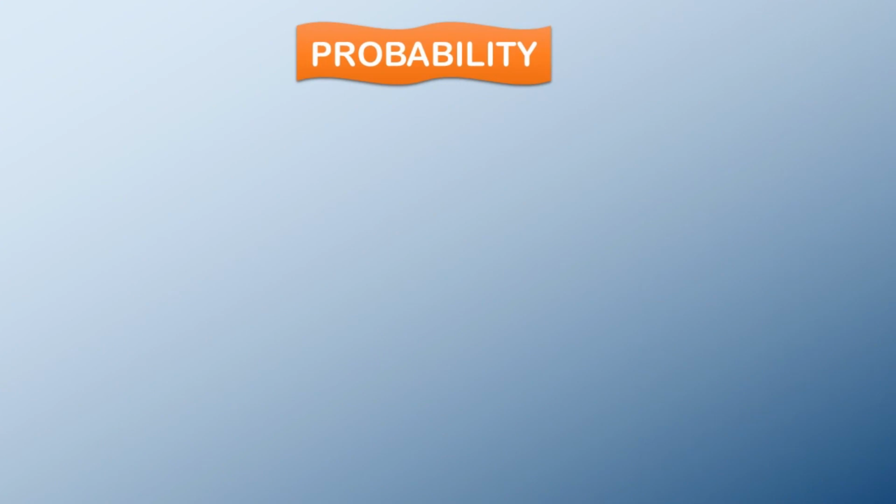Since I'm going to discuss probability distribution in the next video, I thought I should give a brief introduction to probability as well. So, in basic language, probability means how much chance there is for an event to occur. You might have heard that there is a 40% probability that it will rain today. That means 40% chance.